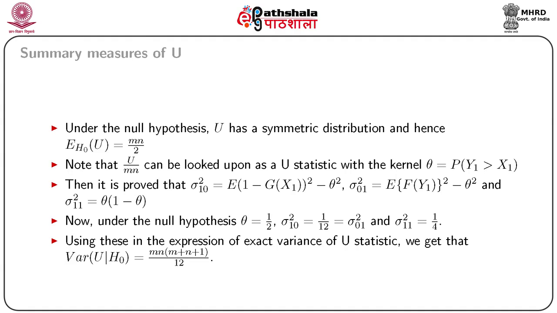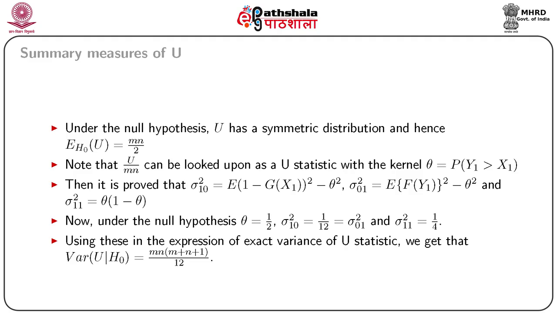Then it is already proved in the discussion of U statistics that sigma square 10 is nothing but the expected value of 1 minus G(x1) square minus theta square, and sigma square 01 is nothing but the expected value of F(y1) square minus theta square, and sigma square 11 equal to theta into 1 minus theta.